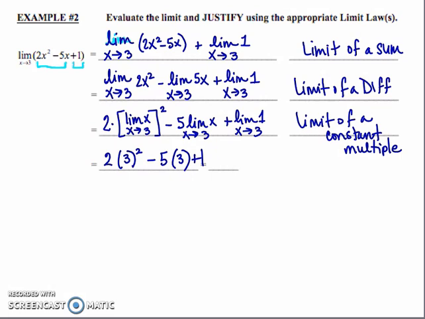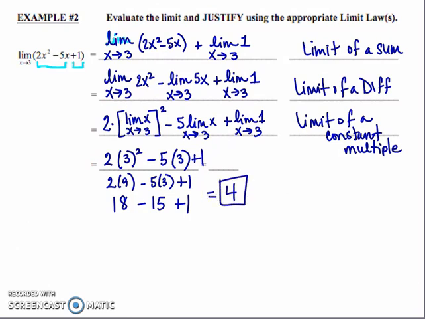Because the limit as x approaches 3 of x would be 3, so the 3 is going to go in both of those locations. 3 squared is 9, so this becomes 2 times 9 minus 5 times 3 plus 1, which gives me 18 minus 15 plus 1. Finally, 18 minus 15 is 3. 3 plus 1 is 4. So the answer here is that the limit as x approaches 3 of 2x squared minus 5x plus 1 equals 4.